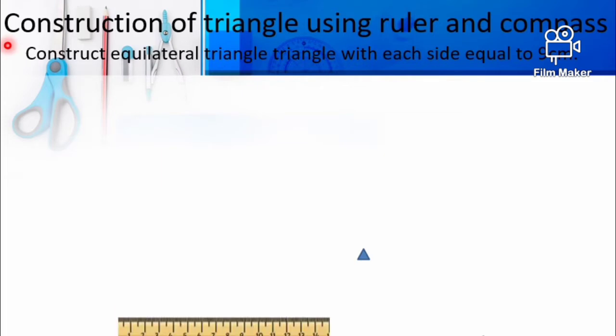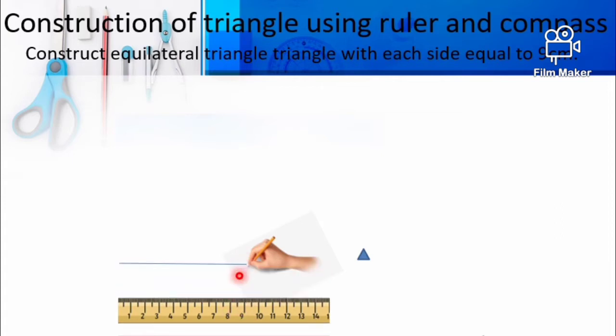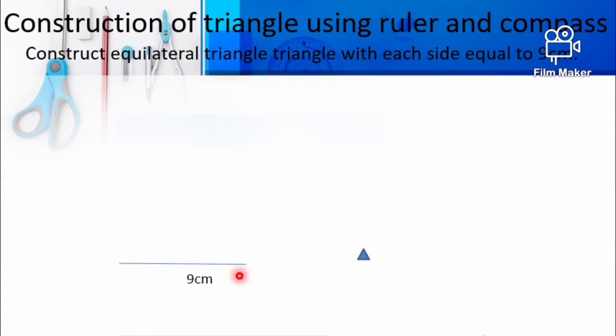Now first of all, we will draw a line segment AB of 9 centimeter. Now you can see this is a line of 9 centimeter. The name of the line is AB.